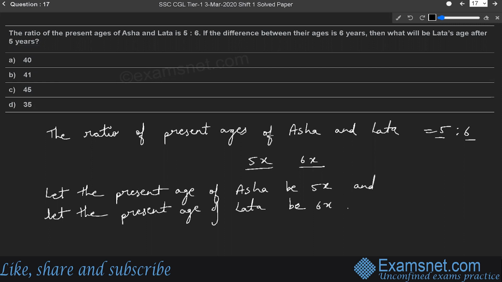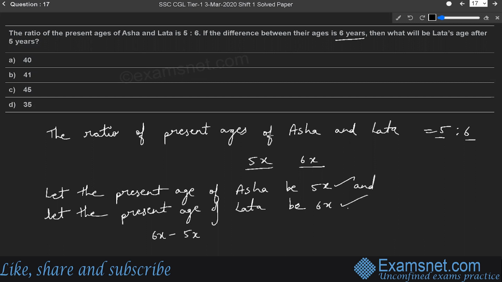According to the given ratio, we have supposed the present age of Asha and Lata to be 5x and 6x. Now, again, it is given that the difference between their ages is 6 years. So we have both the ages 5x and 6x. Difference means minus. So here it will be 6x minus 5x. Why 6x minus 5x?